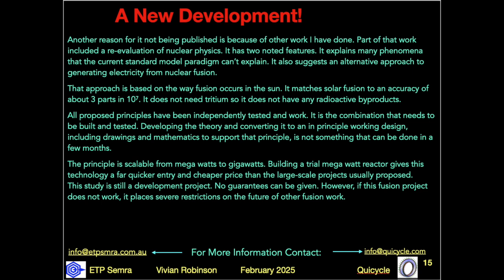Building a trial megawatt reactor gives this technology a far quicker entry and cheaper price than the large-scale projects usually proposed. This study is still a theoretical development project. No guarantees can be given. However, if this fusion project does not work, it places severe restrictions on the future of other fusion work.